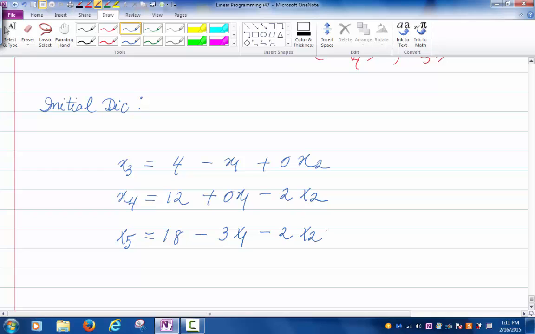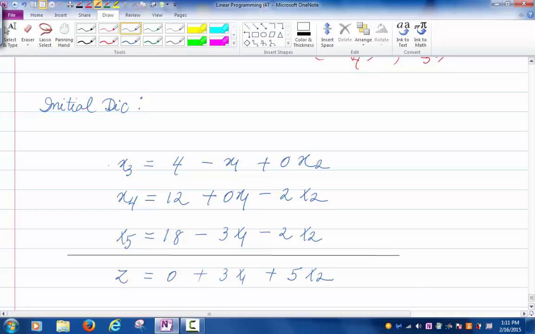Could you guys not use the keyboard, please? That noise is going to interfere with others. x5 is 18 minus 3x1 minus 2x2. And what is z? z is 0 plus 3x1 plus 5x2. And I'm going to use a separation here to separate the objective function.